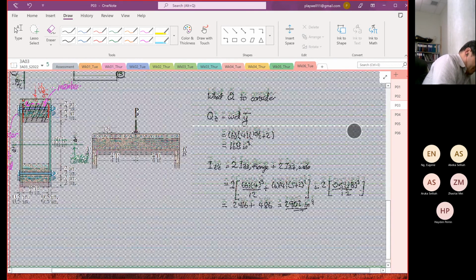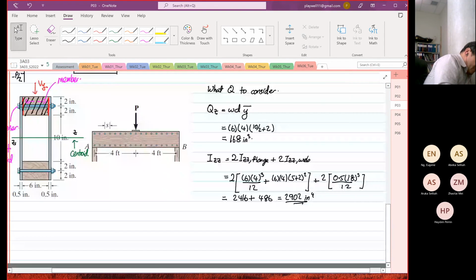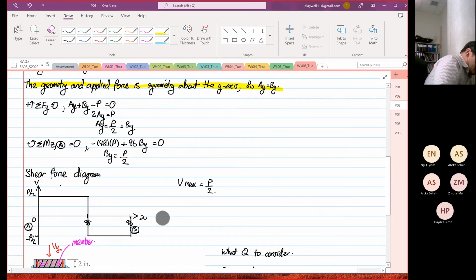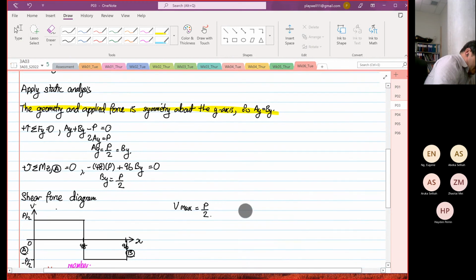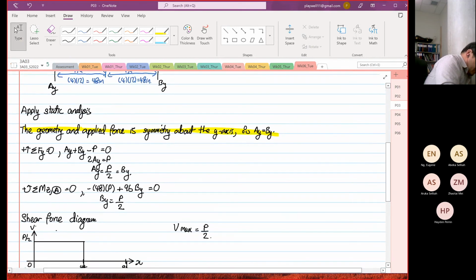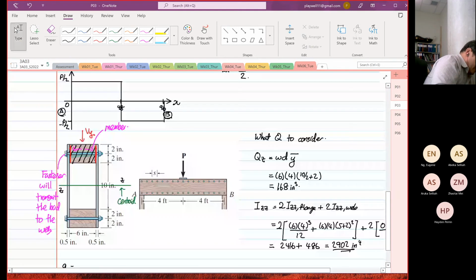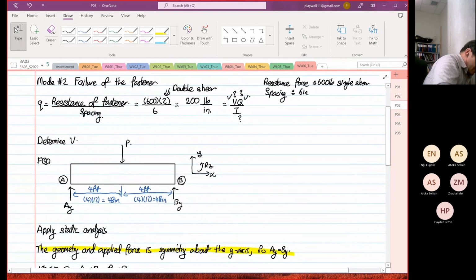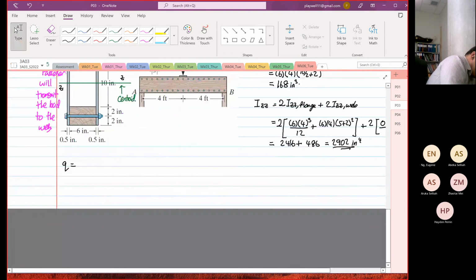So now we can determine the force. I want to find the Q value. The Q value that we find from the resistance is 200.